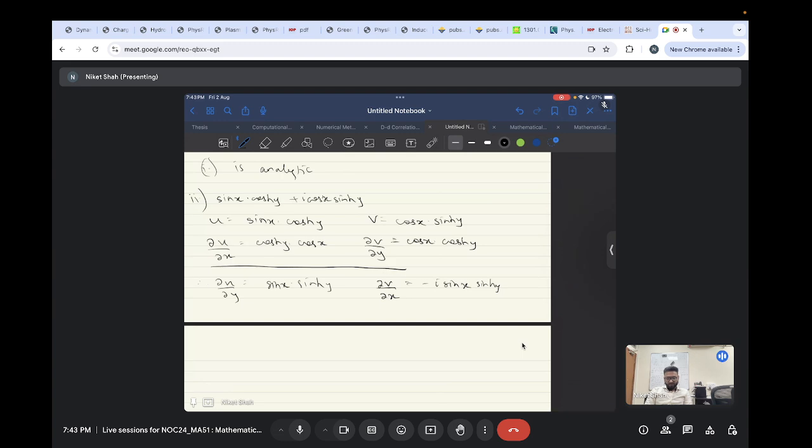So even the second condition is satisfied. Second CR condition is also satisfied, right?